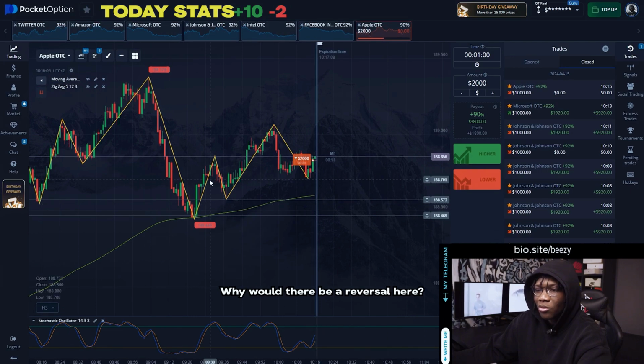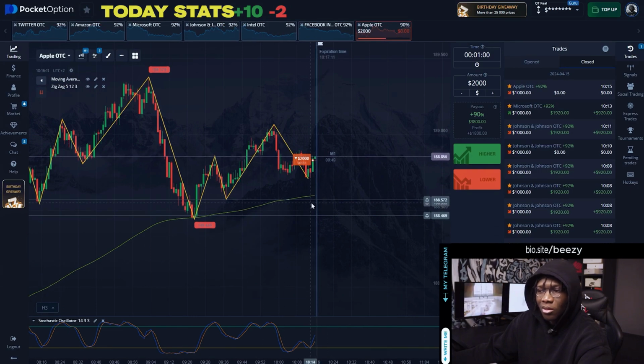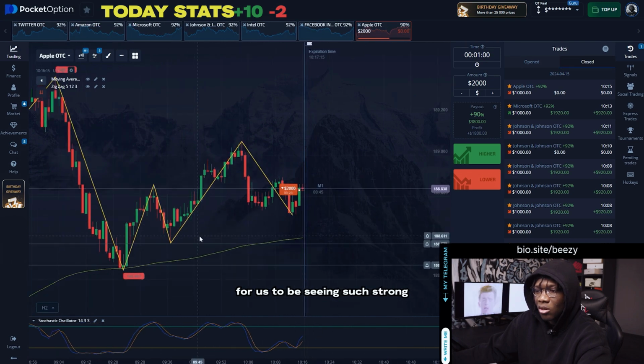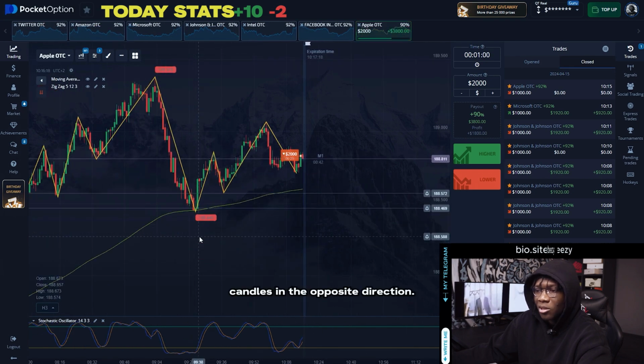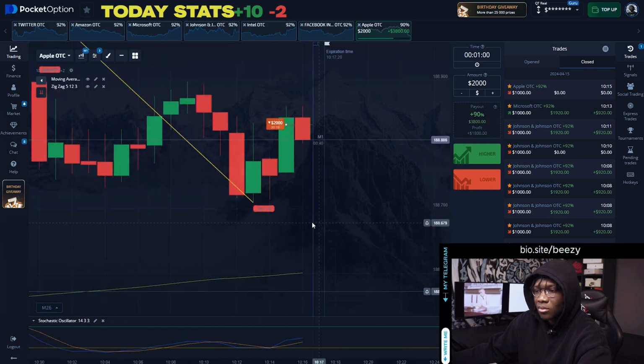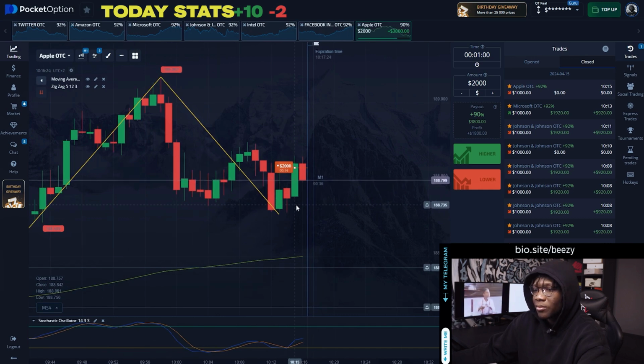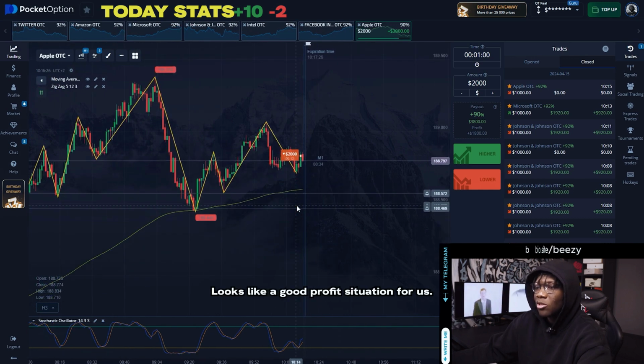Why would there be a reversal here? There's absolutely no reason for us to be seeing such strong candles in the opposite direction. So, a couple of seconds out, looks like a good profit situation for us.